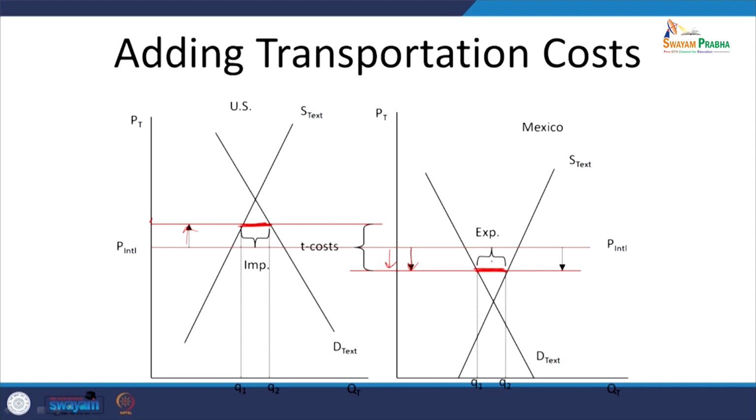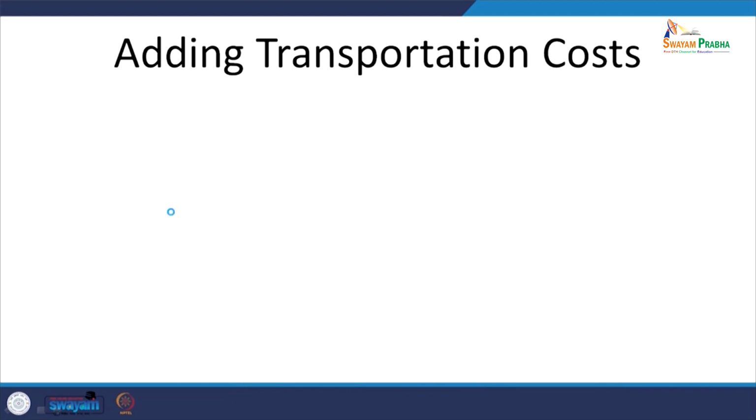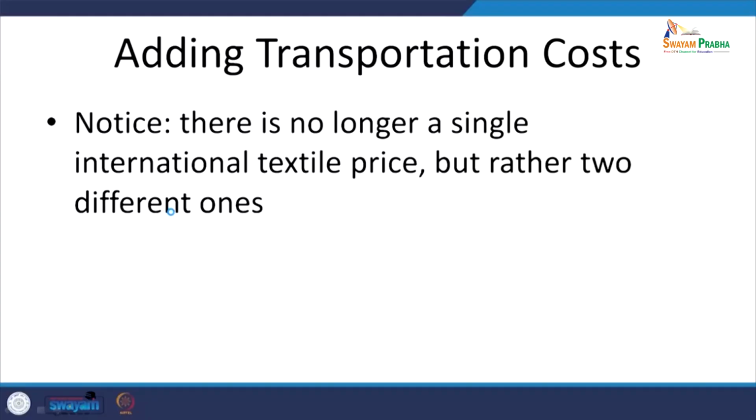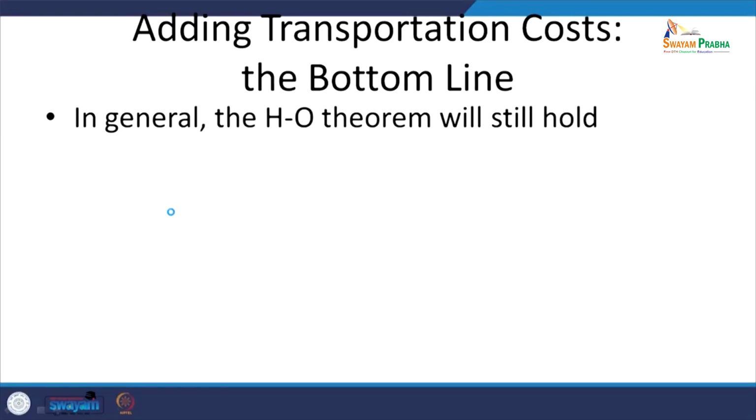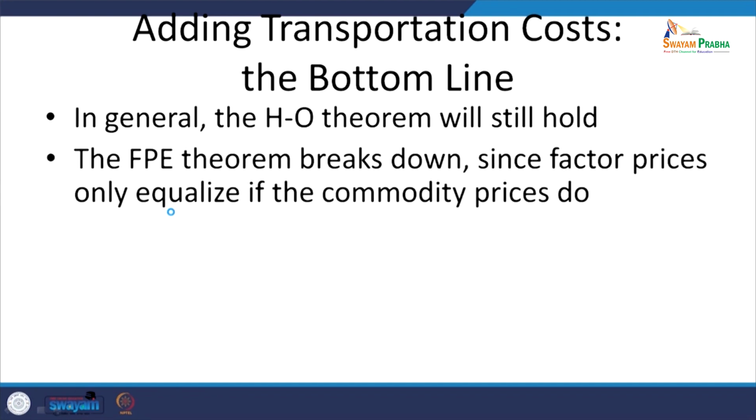It will force Mexico to reduce their price further. So, at the international level the price will fall, and the price will be maintained. Therefore, adding transportation cost is not making such a big obstacle if it is borne by both the countries. This is what we discussed. In the bottom line, the HO theorem will still hold, because price will still be equalizing.